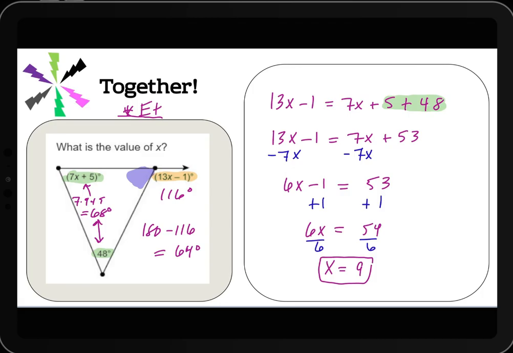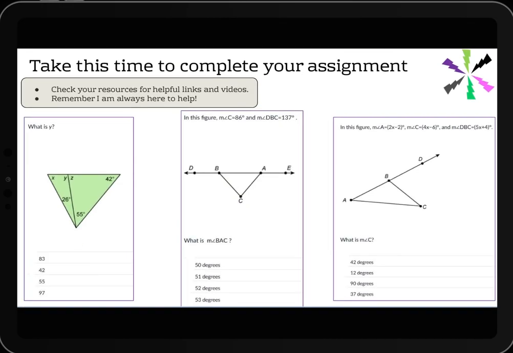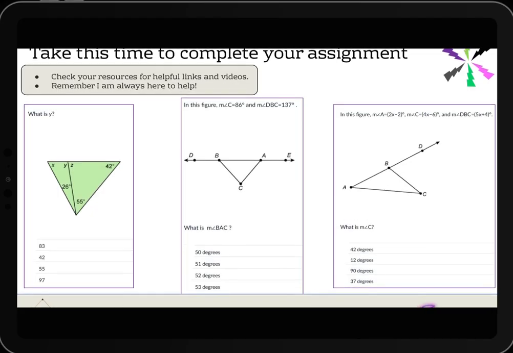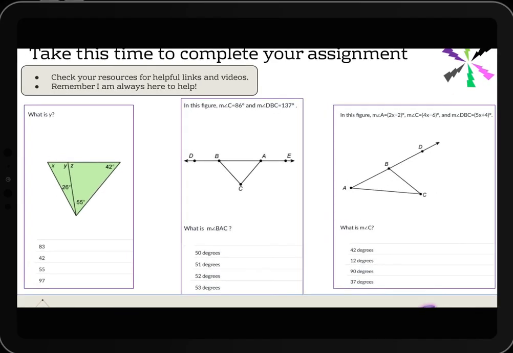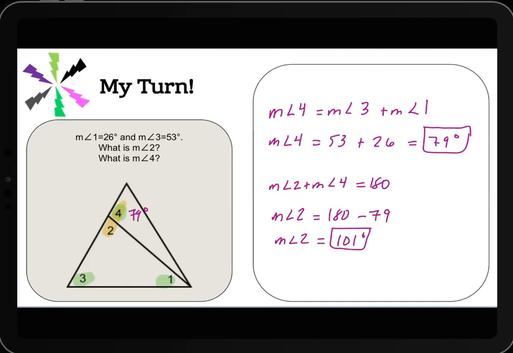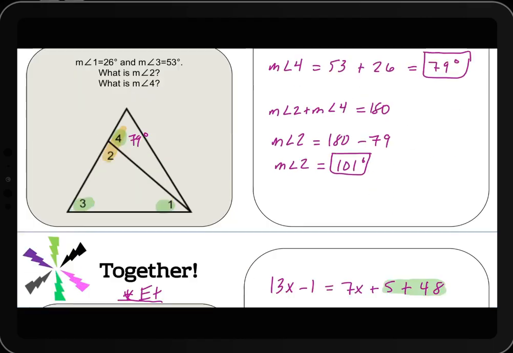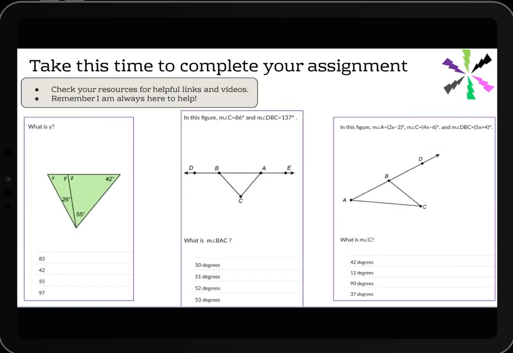And so speaking of that, the exit ticket is almost entirely related to exterior angles. So if you look at the example there on the left, I would refer to this slide right here as a helper slide for that particular question. And then the question in the middle there is asking for angle BAC.